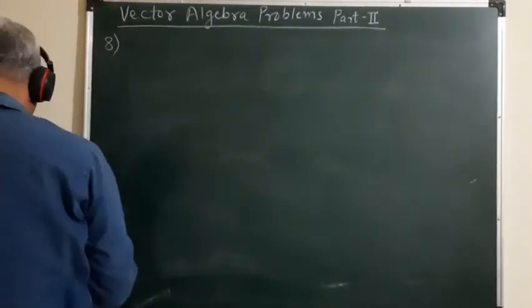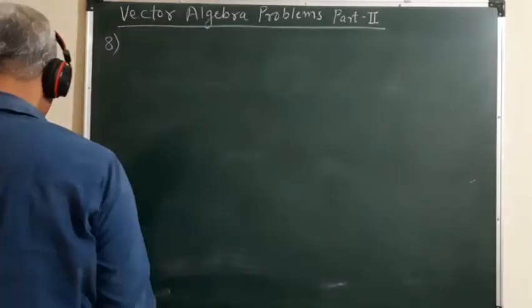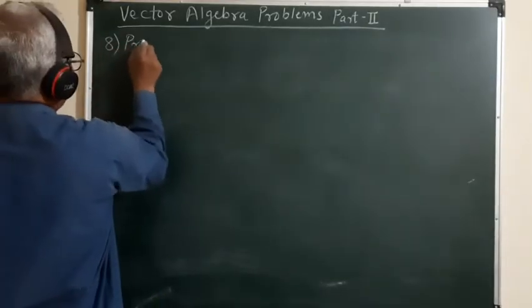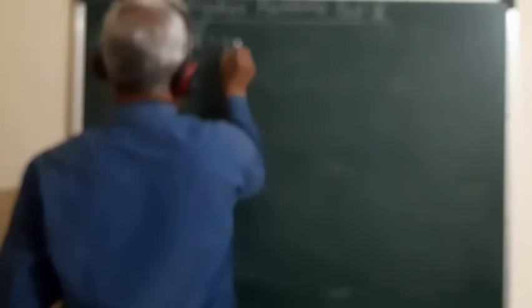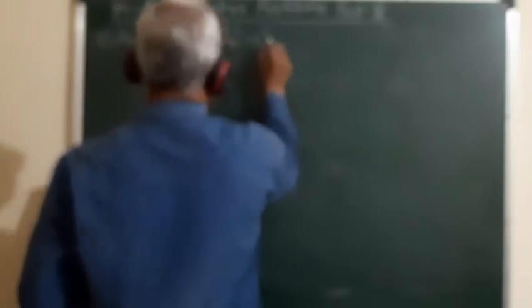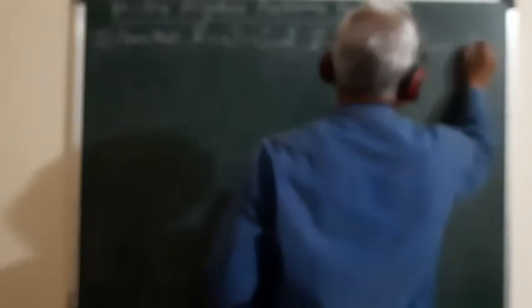Prove that the two given vectors a bar and b bar, where a bar is expressed as 4i cap minus 3j cap plus 2k cap, and b bar is equal to 3i cap plus 2j cap minus 3k cap, are perpendicular.